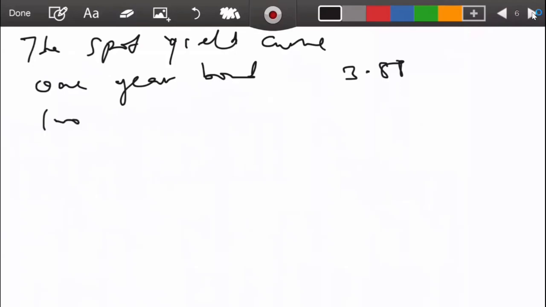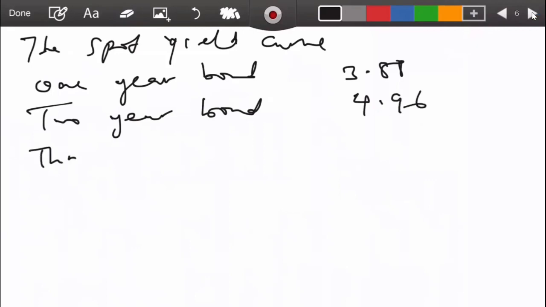For the 2 year bond, we calculated it to be 4.96%. And for the 3 year bond, the value here is 5.01%. So this is the spot yield curve.